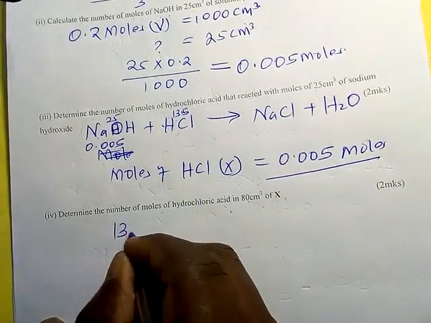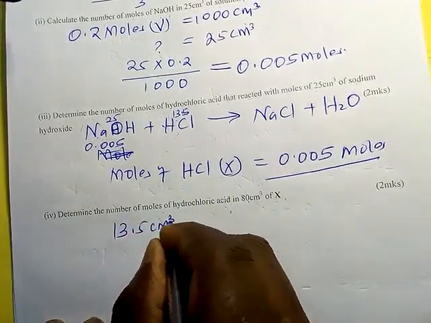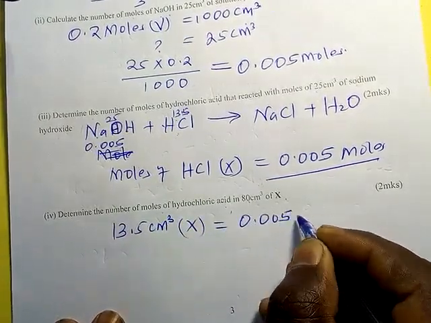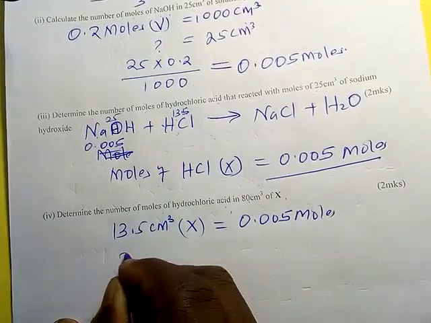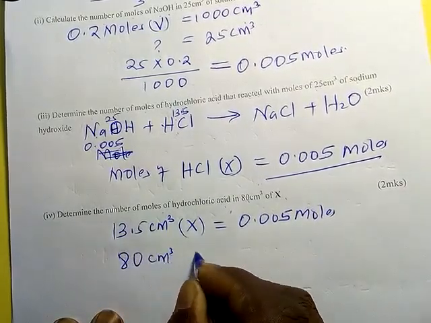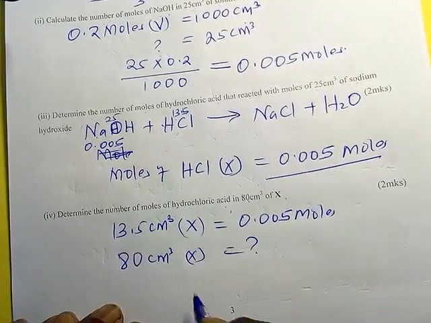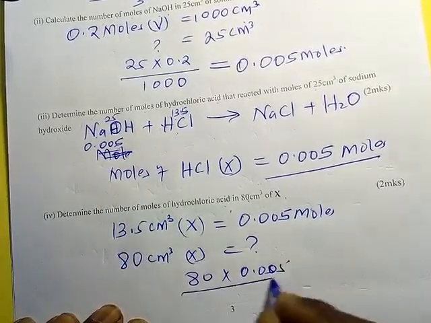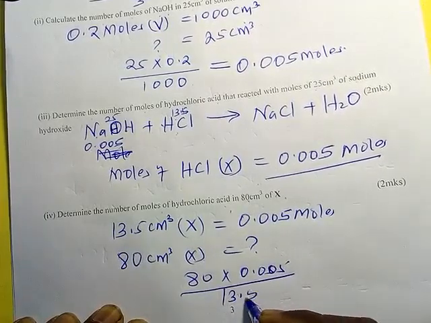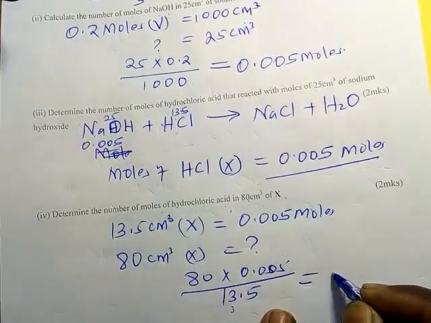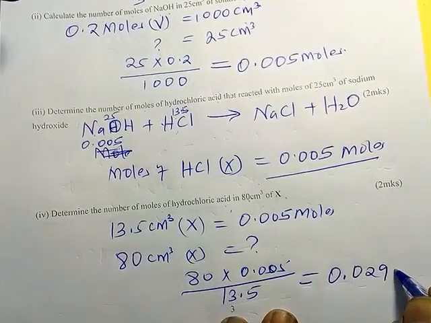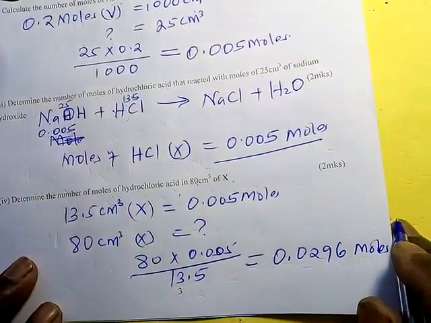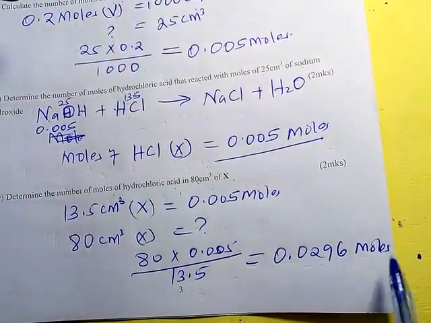So 13.5 centimeters cube solution X contains 0.005 moles. 80 centimeters cube solution X will contain what? 80 times 0.005 will give us 0.0296 moles.